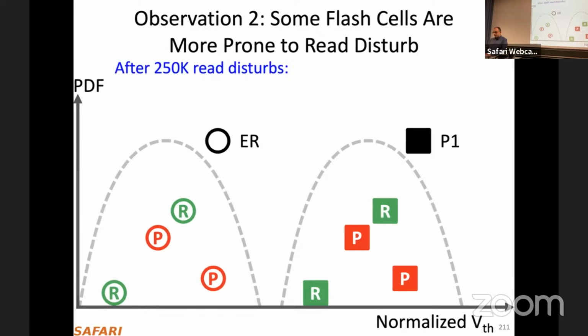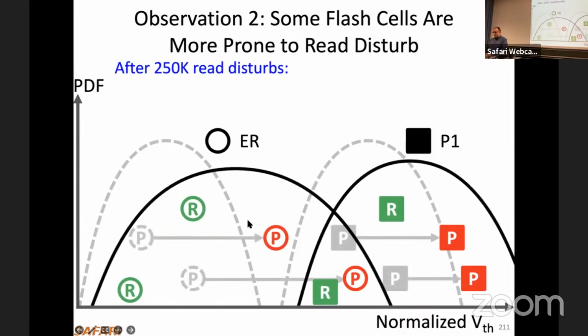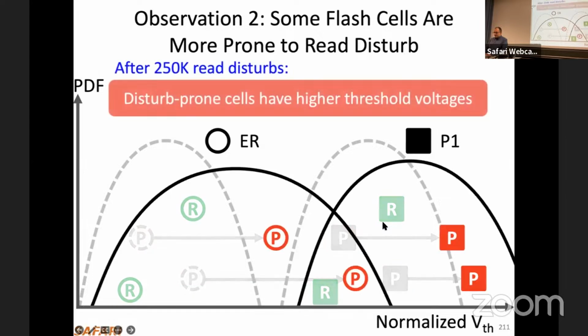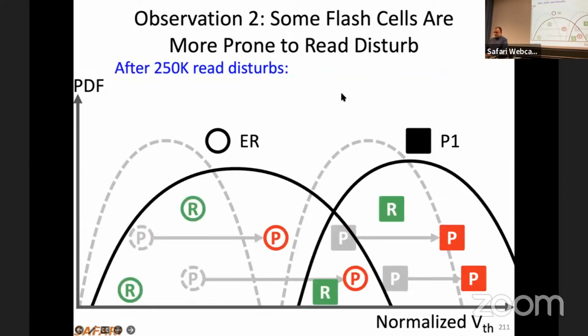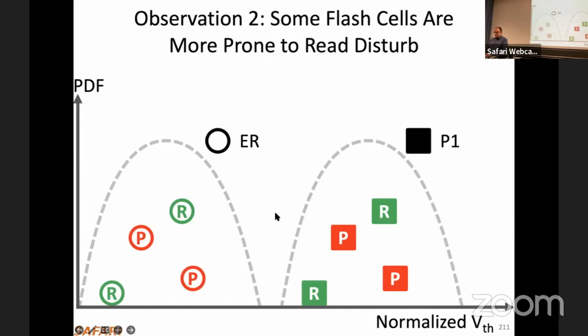Some of them shift more; the prone ones shift a lot. And the resistant ones don't shift much.